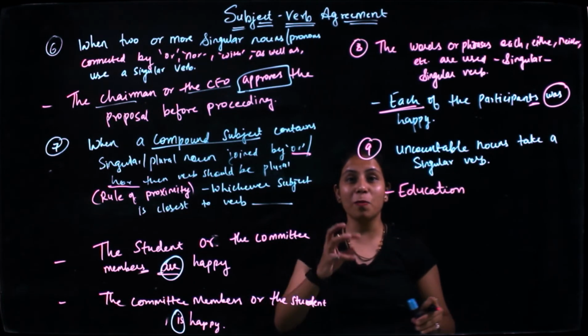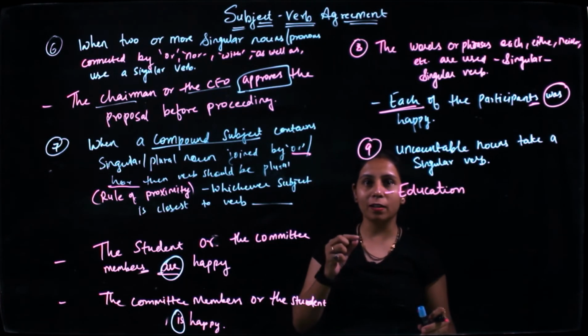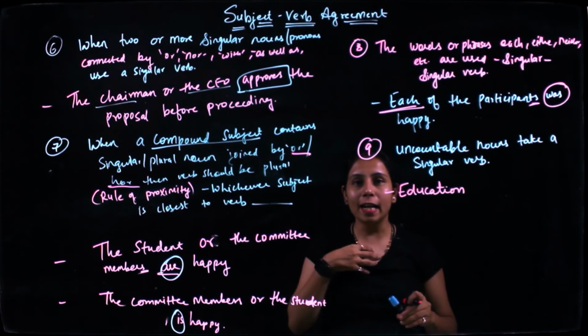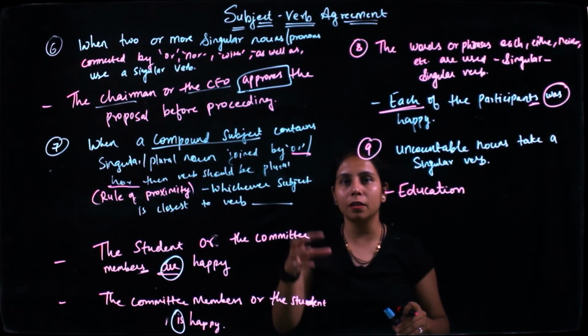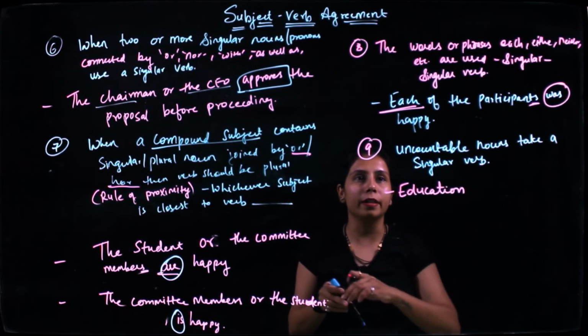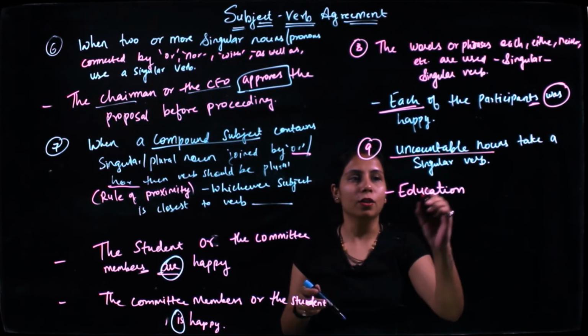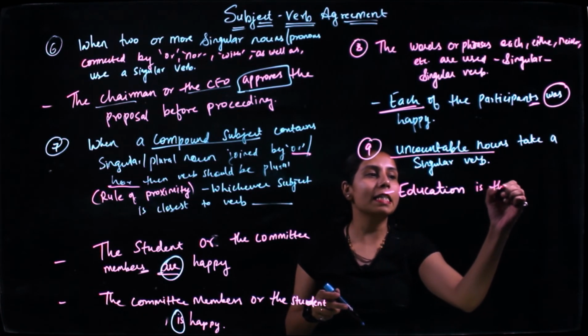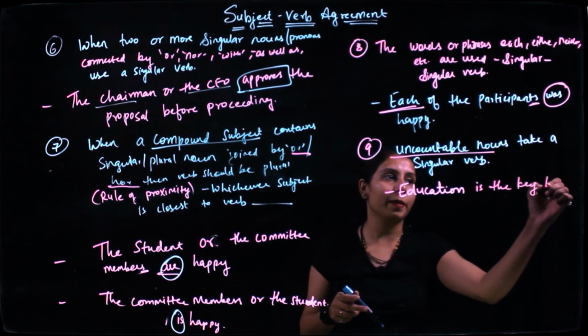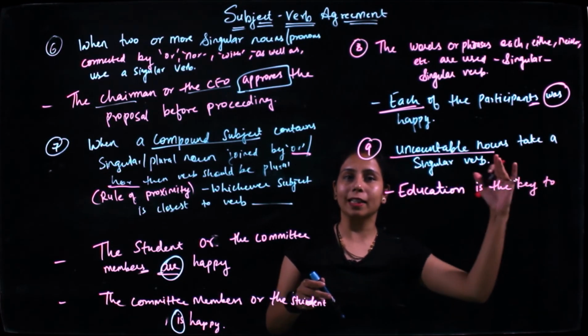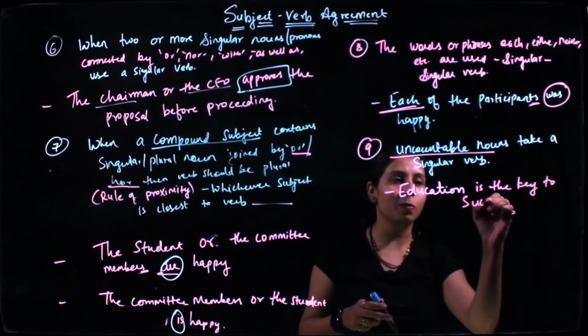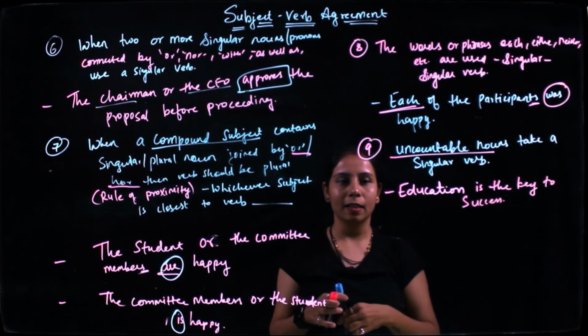Like how much education? One, two, three, four. We humans have created numbers, but education cannot be counted. It is uncountable in nature. So education is the key to success. We say it this way. We don't say education are the key to success. That's because the rule says this.